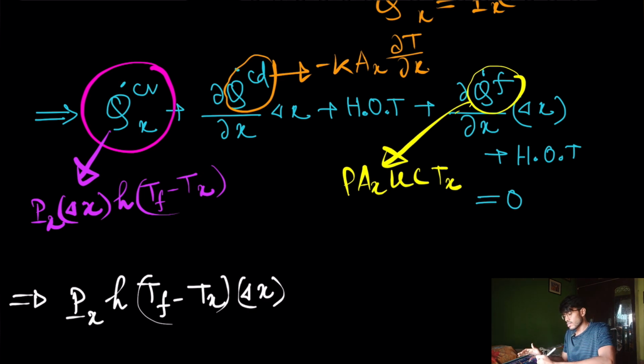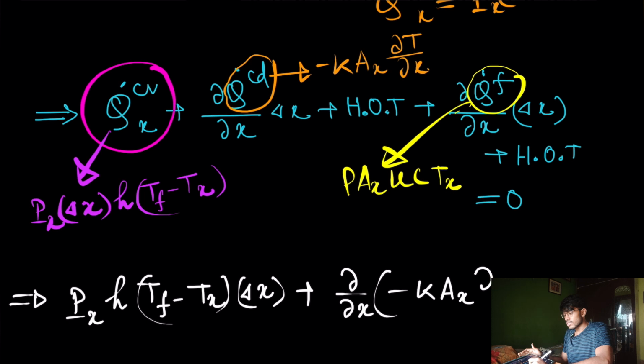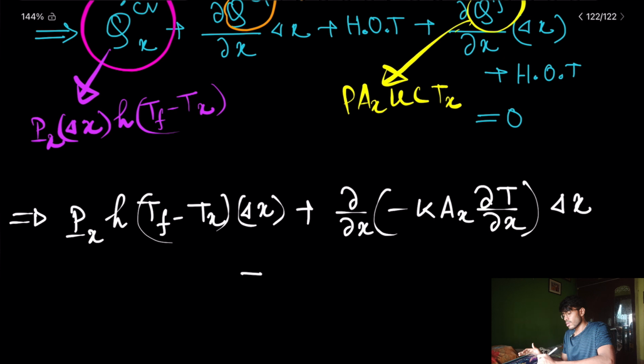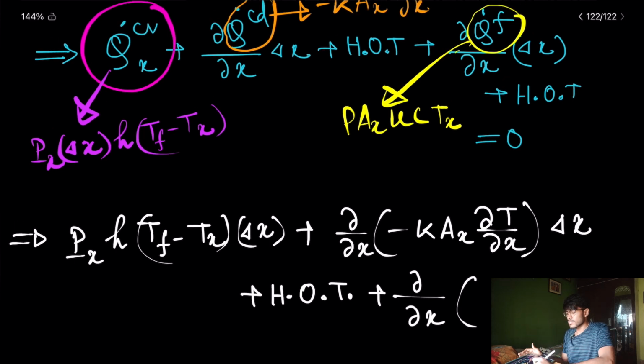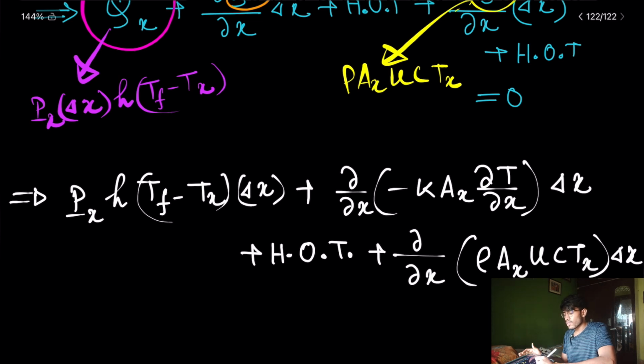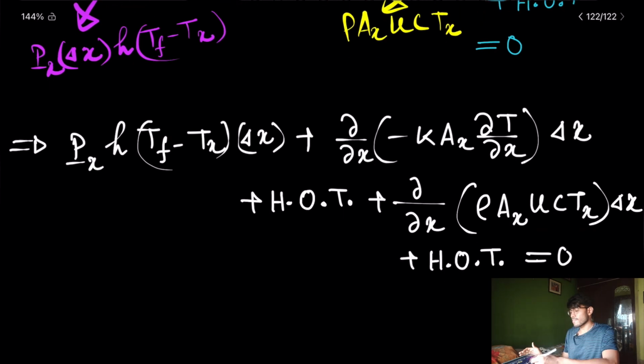So into delta x plus, del x of minus k x del T del x delta x plus HOT, minus, now this I have to write as rho AX U C Tx into delta x plus HOT is equal to 0.